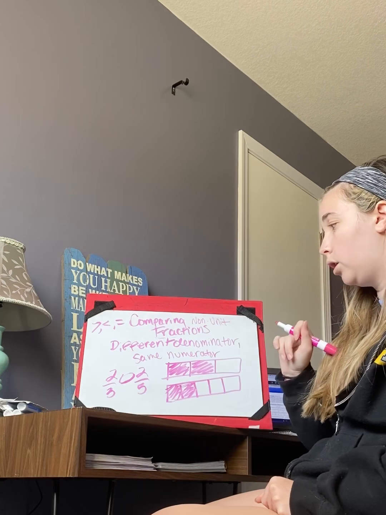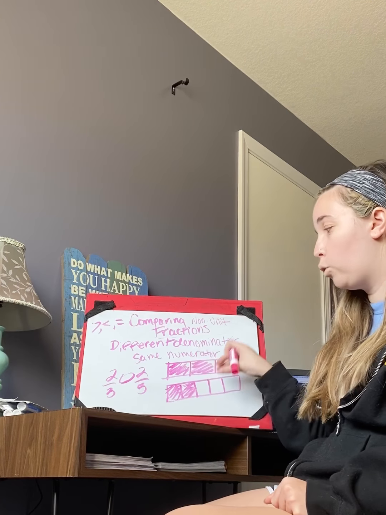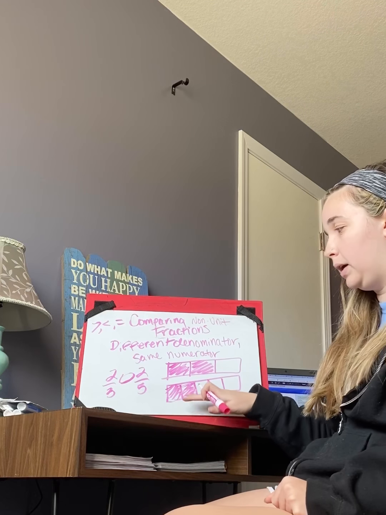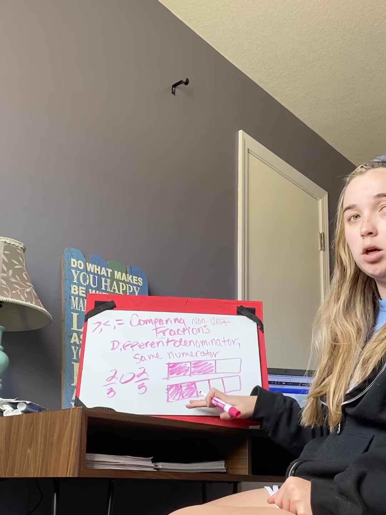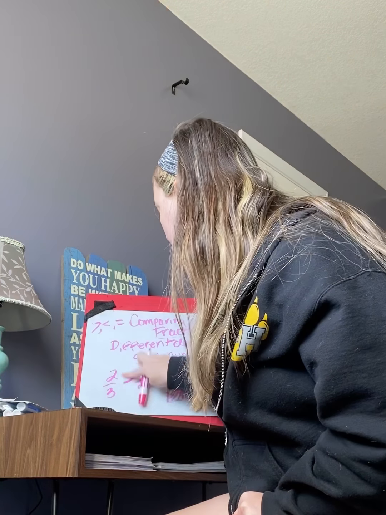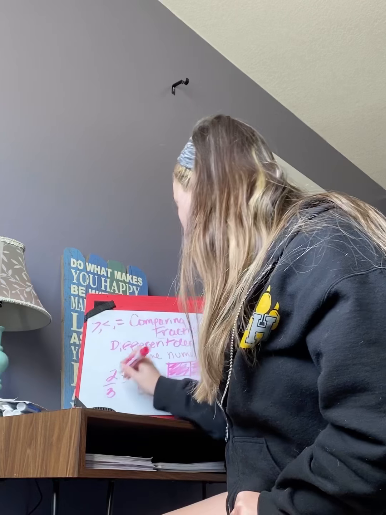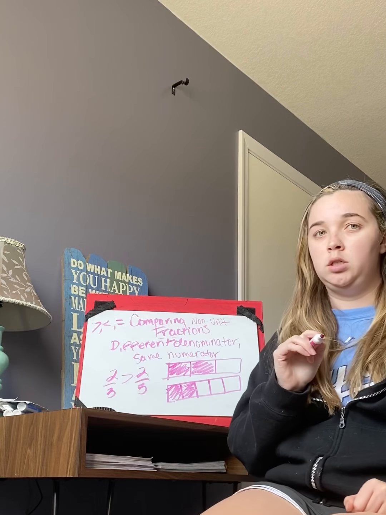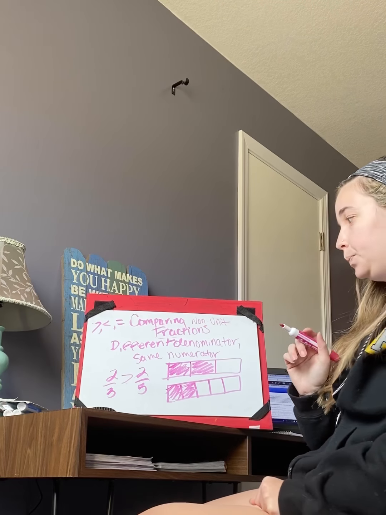So having 2/3 is a lot greater than having 2/5 because the fifths are smaller pieces, okay? So in this case, we would say that 2/3 is greater than 2/5.